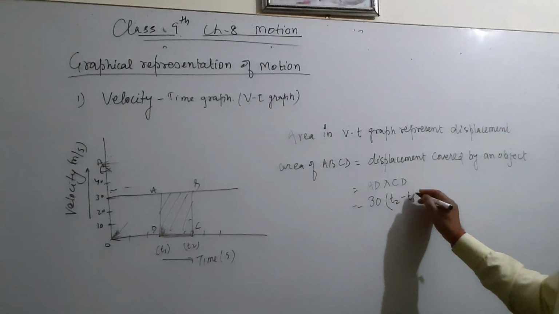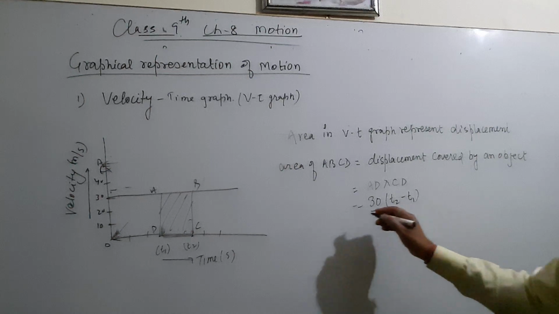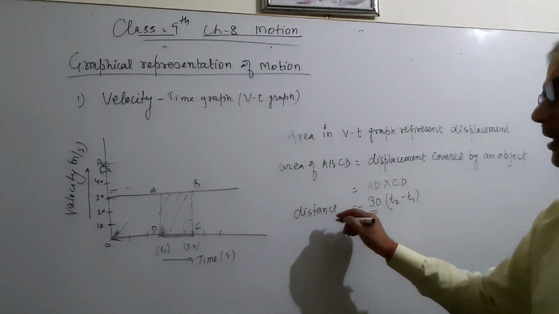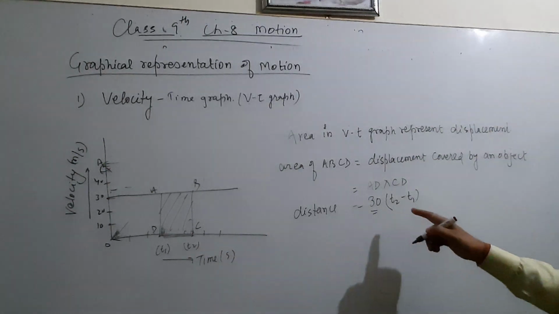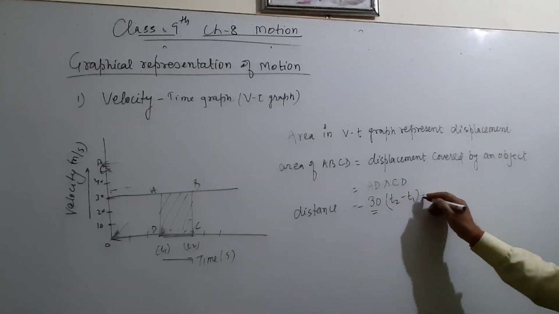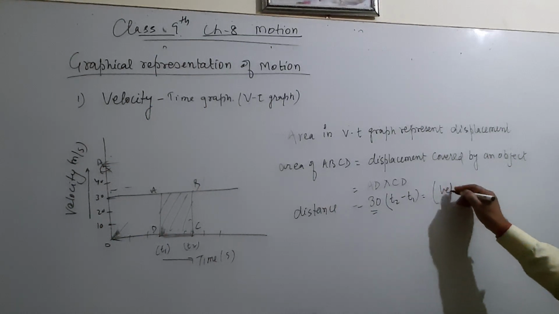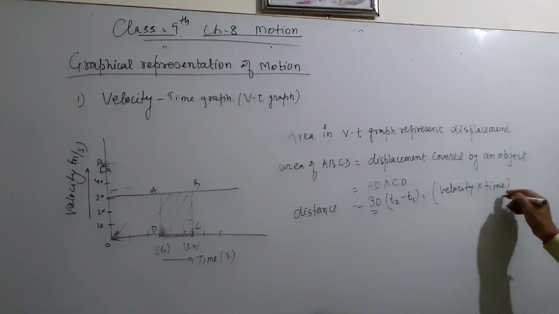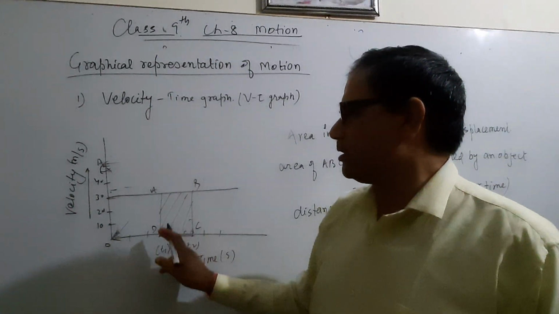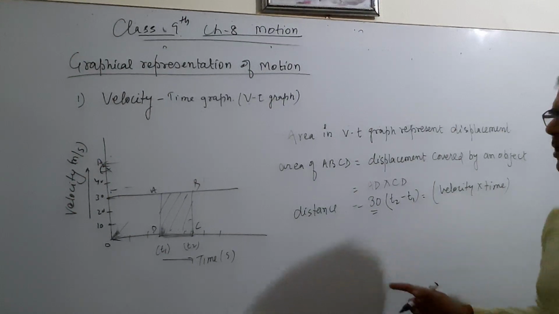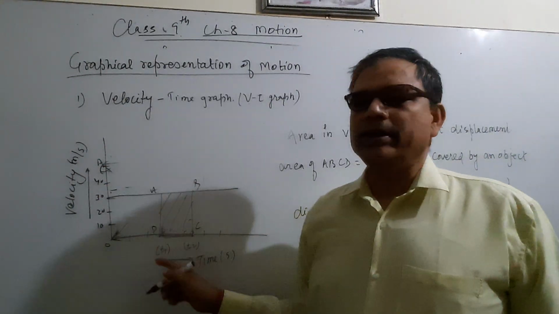So displacement or distance covered is equal to velocity into time. Length represents time and breadth represents velocity. Here is the distance covered by an object in the VT graph.